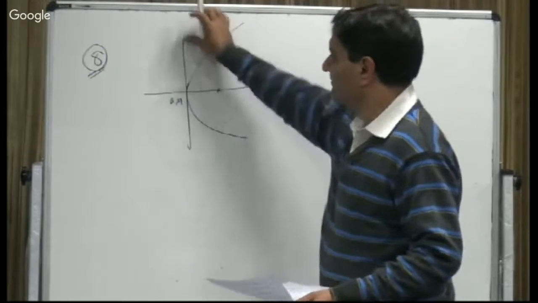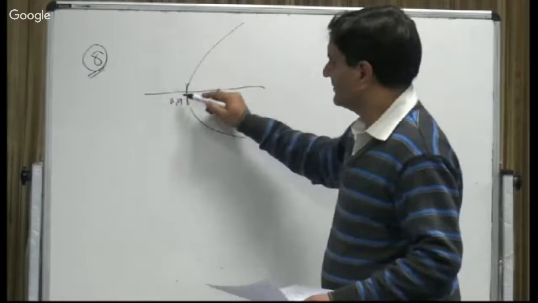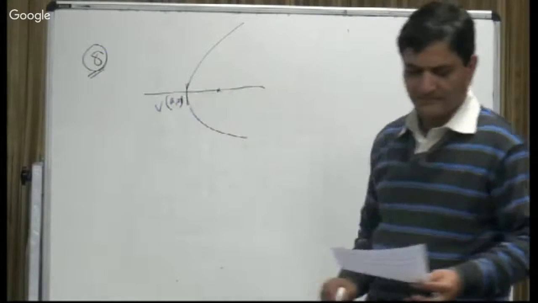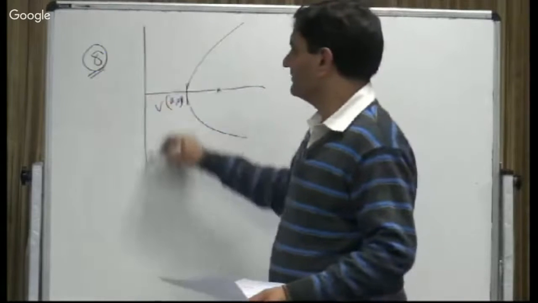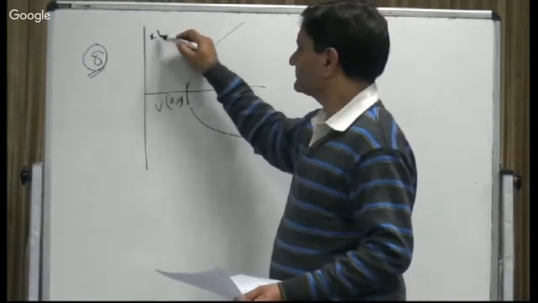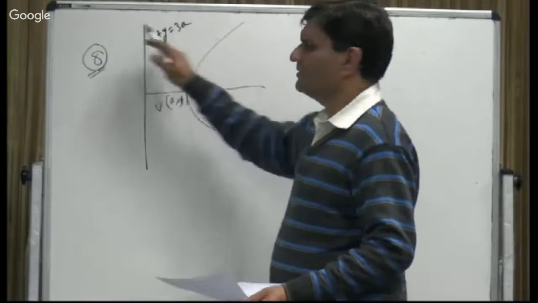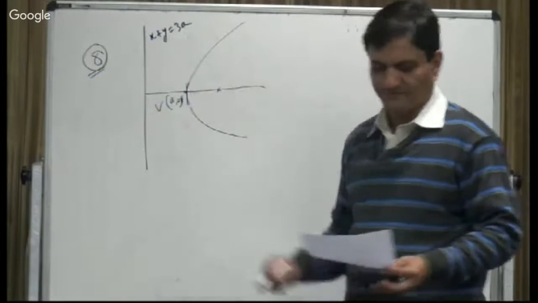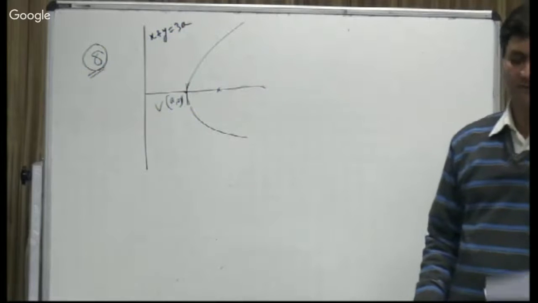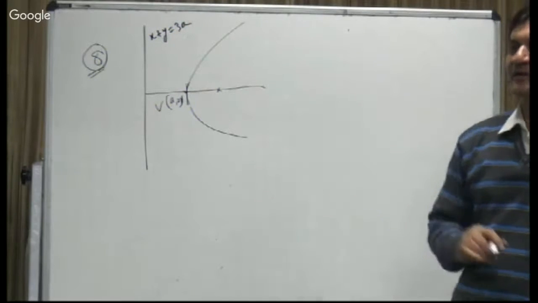So this is not the y-axis. Vertex is a, 0. And its directrix is also given to you, x plus y equal to 3a. So we are not assuming these to be the axes. This is the directrix, this is the vertex. You have to find the equation of the parabola.